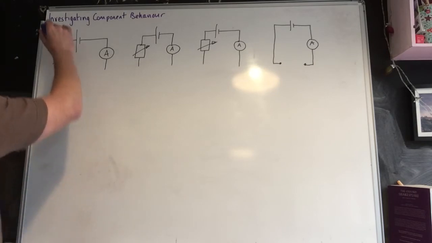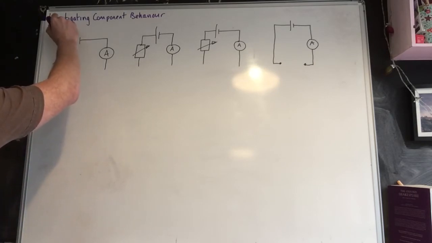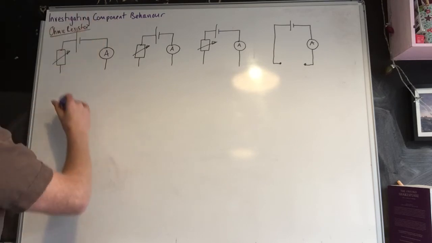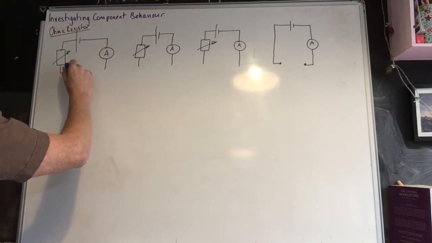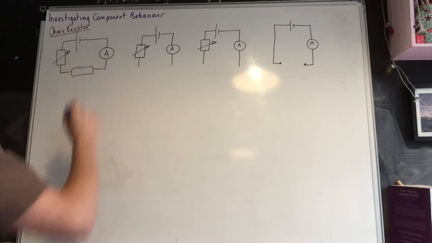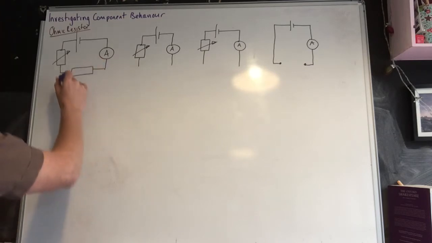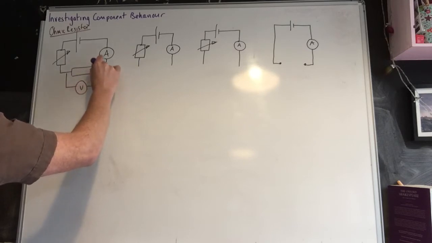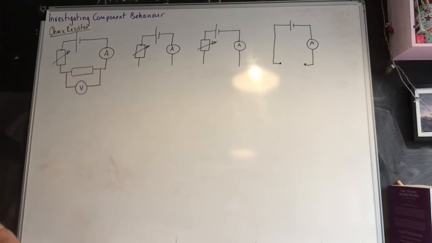If you're asked to investigate an ohmic resistor, then you would place your ohmic resistor, represented by a rectangle, at the bottom, and you would need a voltmeter in parallel across that to investigate that further.